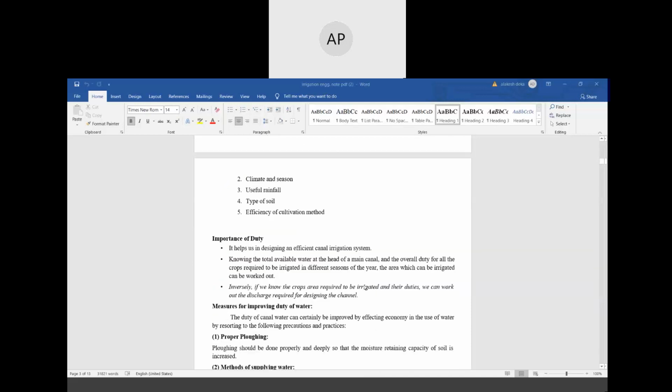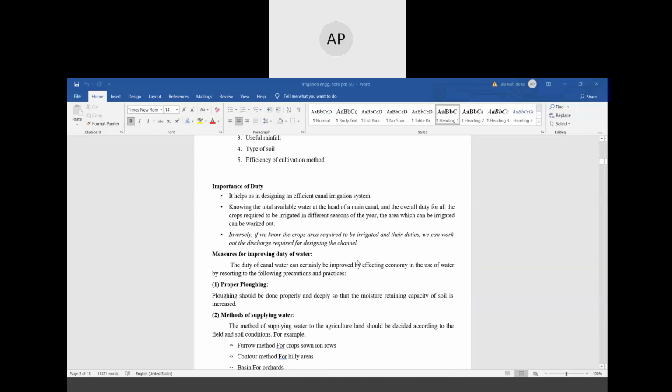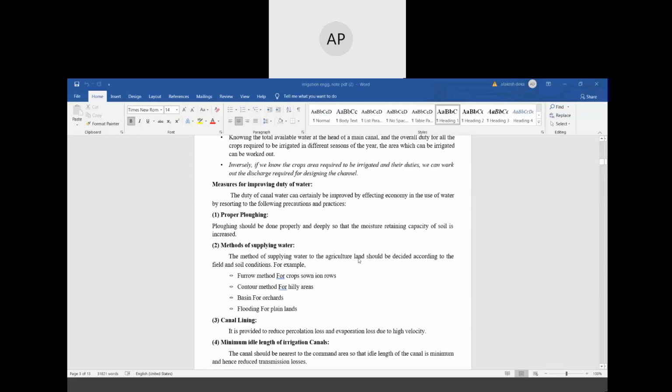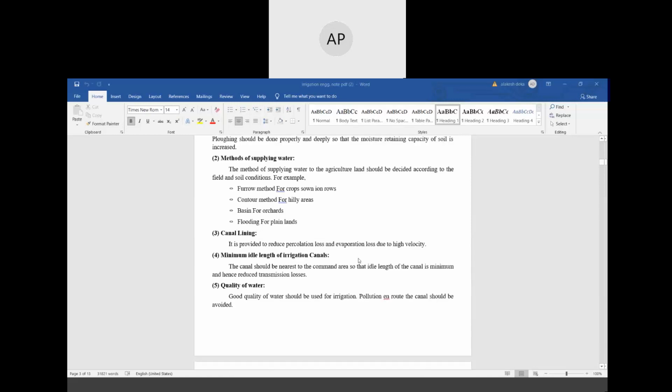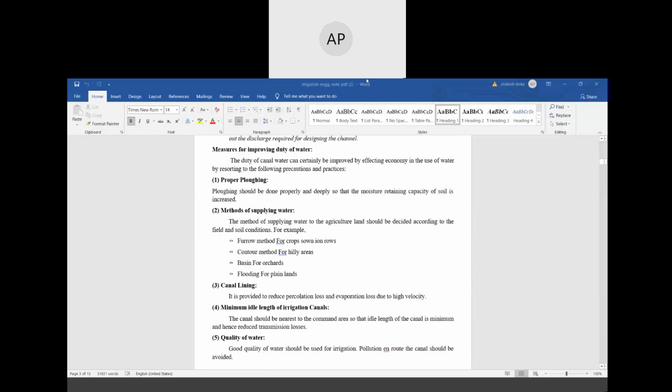Next, measures for improving duty. There are some measures by which you can improve the duty of water.